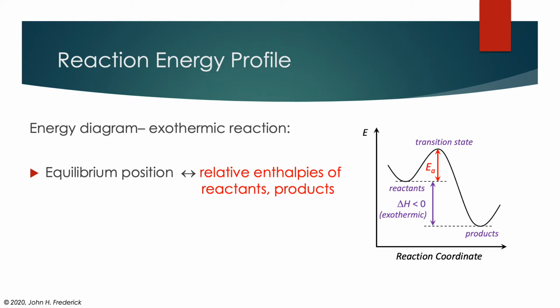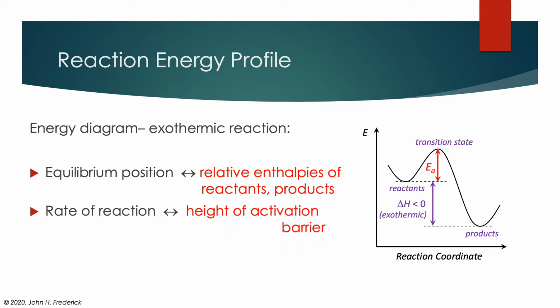That just affects how fast they get there. So the rate of a reaction is going to be related to the height of that activation barrier. And our intuition tells us, and indeed our experience in the lab tells us, that the higher that barrier is, the slower the reaction. So if we have a small barrier, we'll have a very rapid reaction. If we have a high barrier, we'll have a very slow reaction.